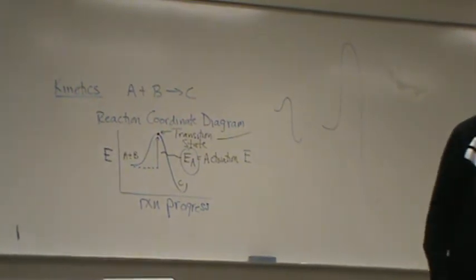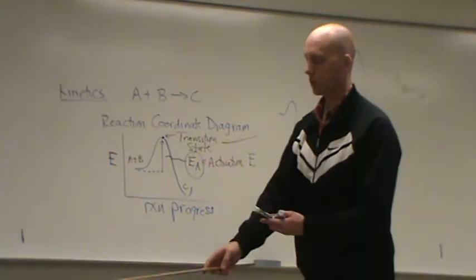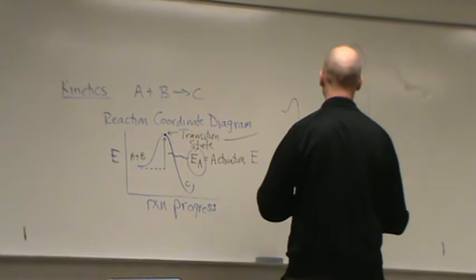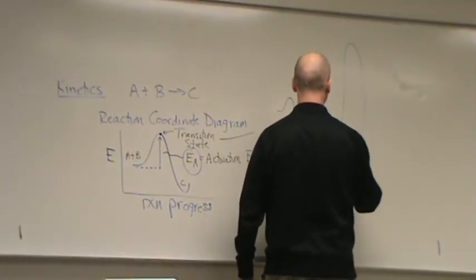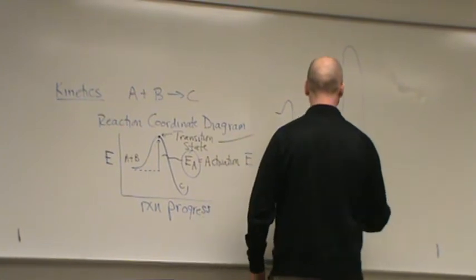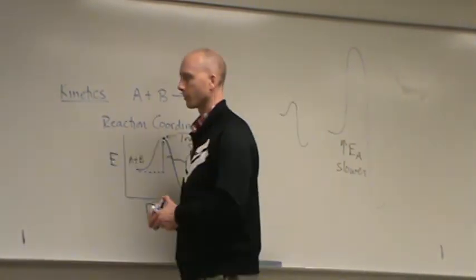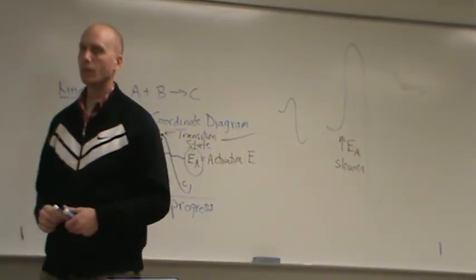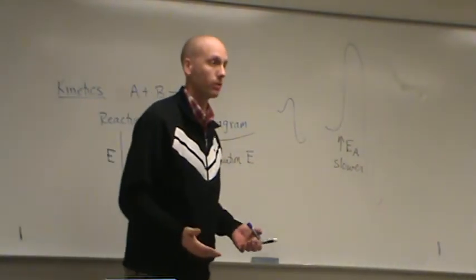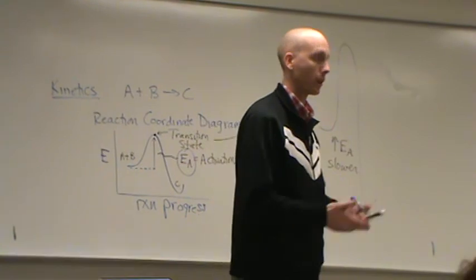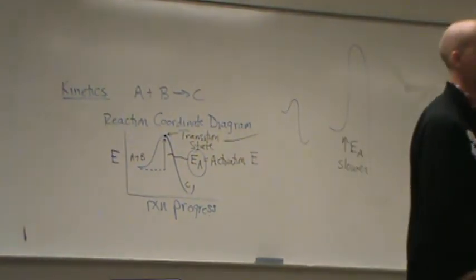Write it down. Okay? So the larger the activation energy, the slower. You can always remember it by, it takes longer to get over a mountain than over a speed bump.